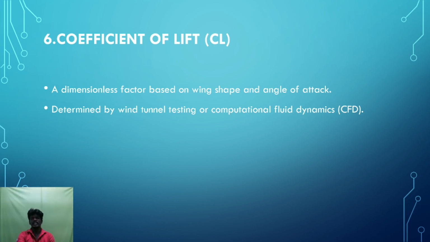It is determined by wind tunnel testing or computational fluid dynamics. One is experimental analysis and the other is computational fluid dynamics. These are used to calculate the coefficient of lift.